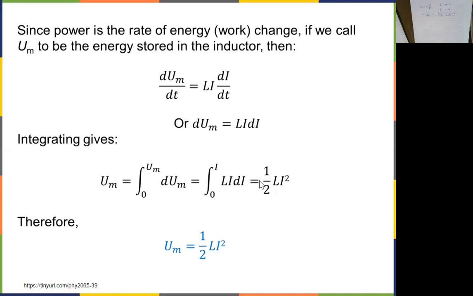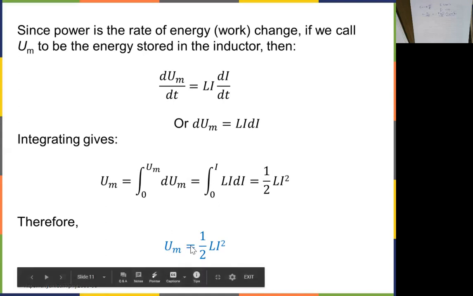The integration of L I di becomes 1/2 L I squared, with the upper limit I and the lower limit 0. So the energy in the inductor is equal to 1/2 L I squared if you have current I going through it. This is the energy, and the subscript M means magnetic field, because the inductor stores the energy in the form of the magnetic field.